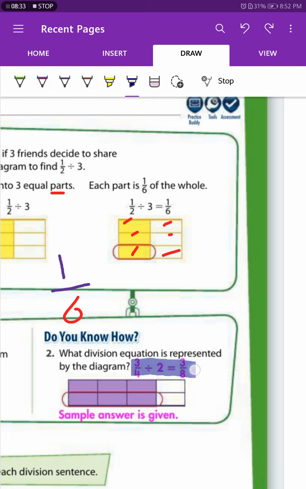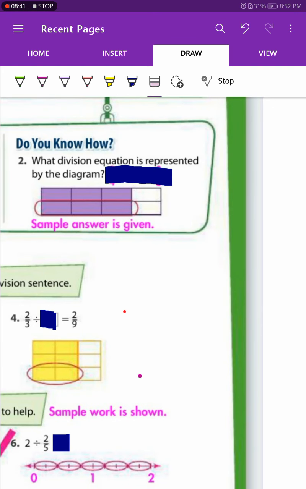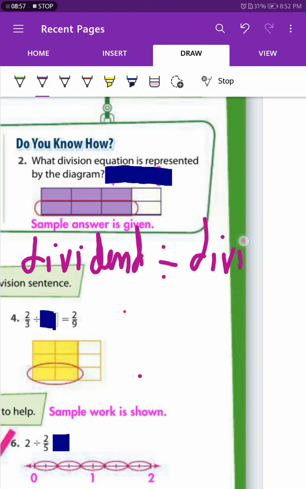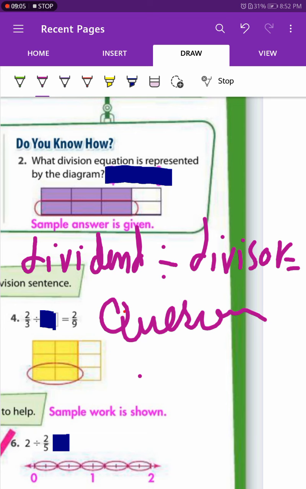Now I will apply what I learned here. What division equation is represented by the diagram? He asked me to write the division, and any division equation consists of dividend divided by divisor equals quotient.